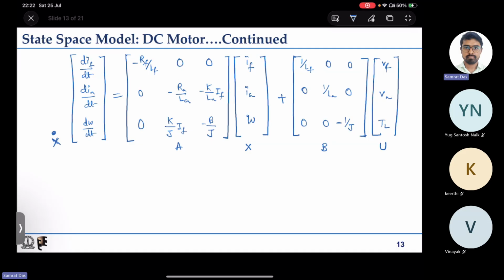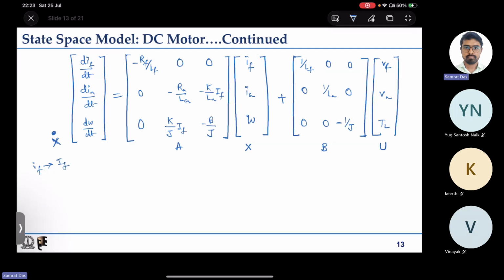So this is the format. This is a linear system format, so the DC motor model can be represented as a linear system if we assume that field dynamics have already settled down.